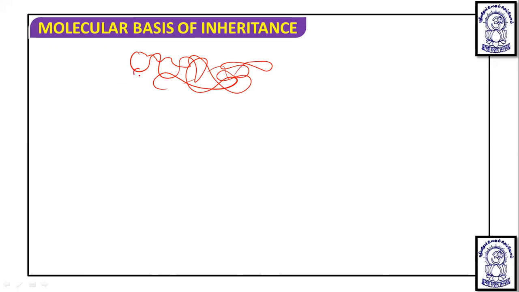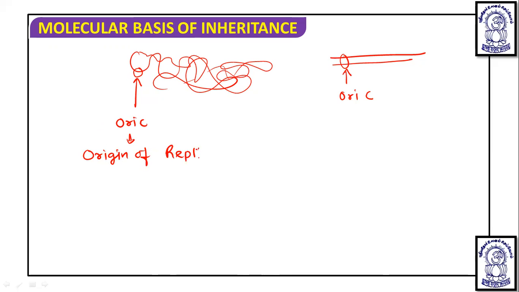If this is the point from where the DNA replication is going to start, or in a DNA strand, if it is linear, the point from where the particular DNA replication is going to start, then it is known as ORI C. And this ORI C is nothing but the origin of replication.